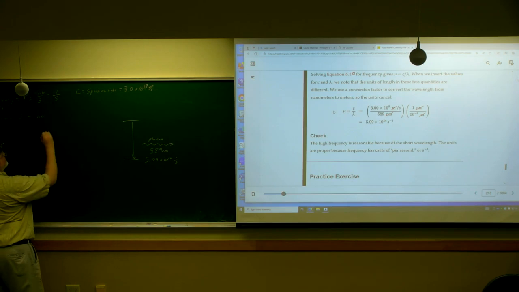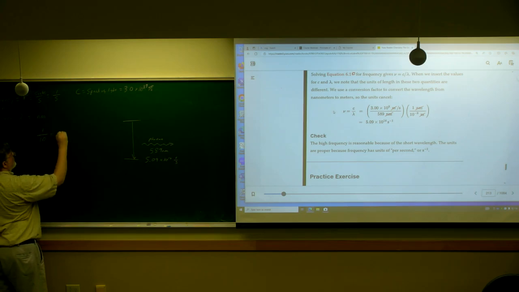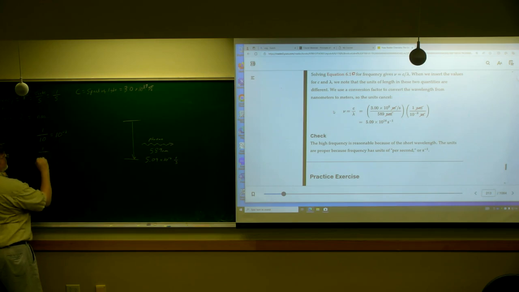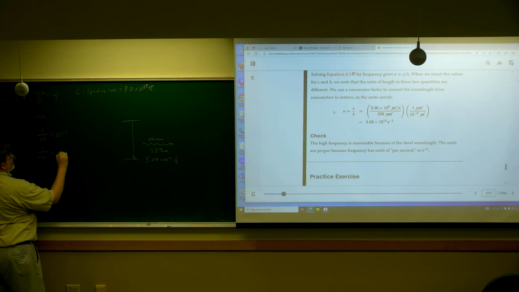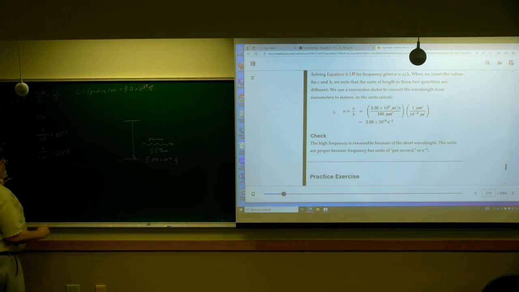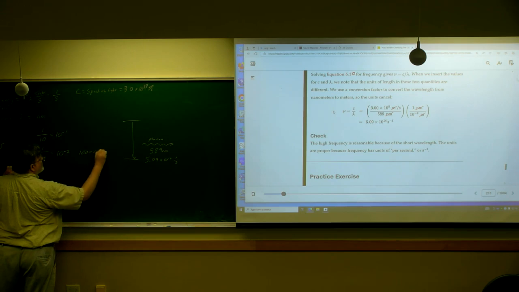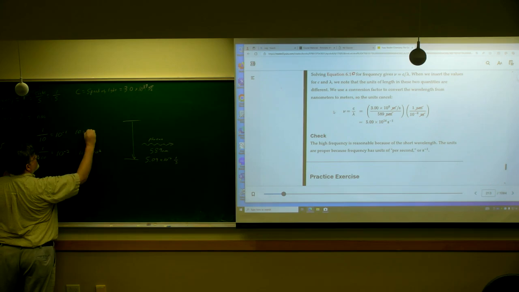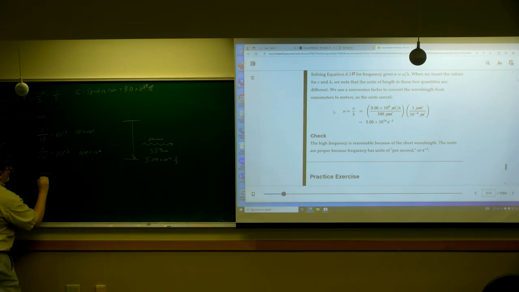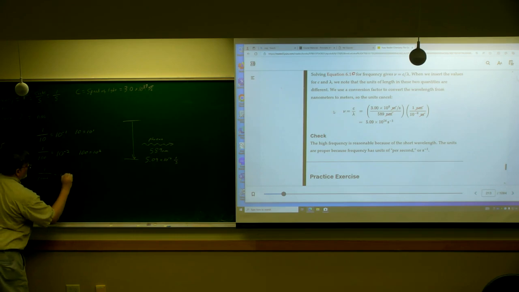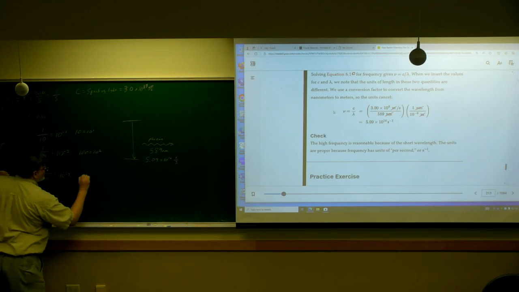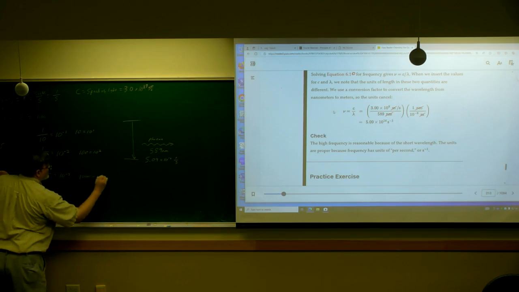What I wanted to say is, the 10 is on the bottom, so this is negative. 100 equals 10 to the 2. Just 10 equals 10 to the 1. 1 over 1,000 equals 10 to the negative 3, just like 1,000 is 10 to the 3.